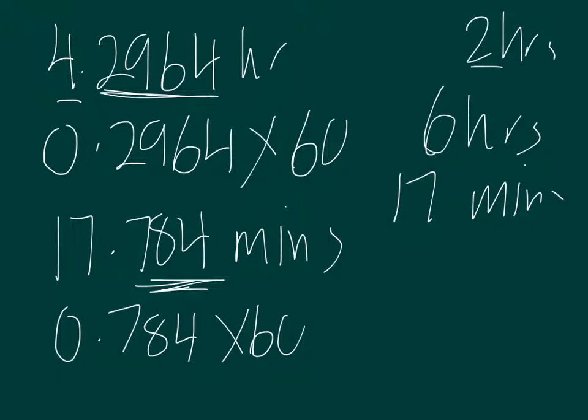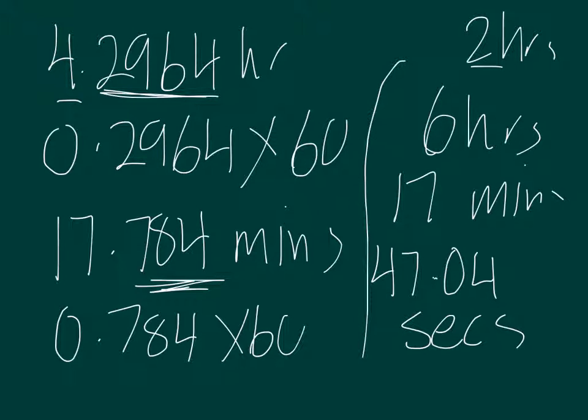And that's 47.04 seconds. Now, we've still got a decimal here, but we would leave that because we can have decimals in seconds. So to travel that original 529.64 kilometres is going to take me, it's quite messy, 6 hours, 17 minutes and 47.04 seconds.